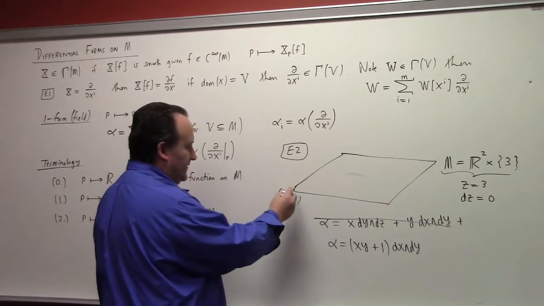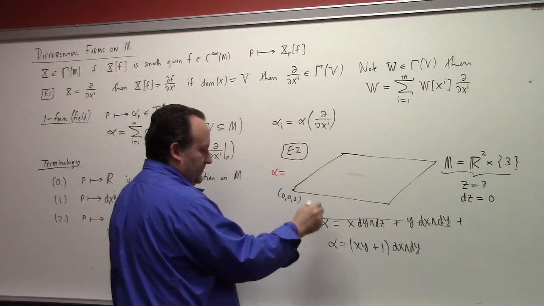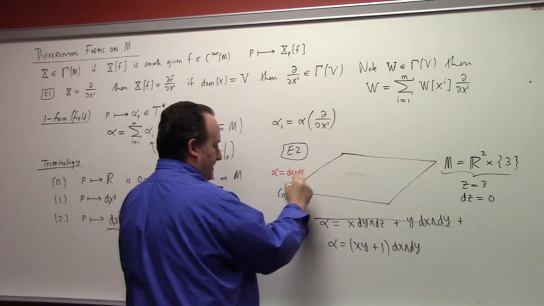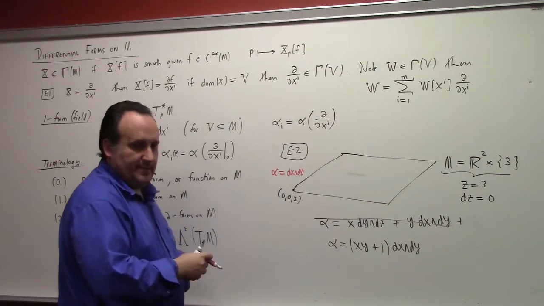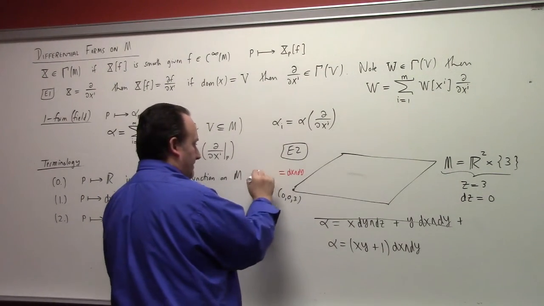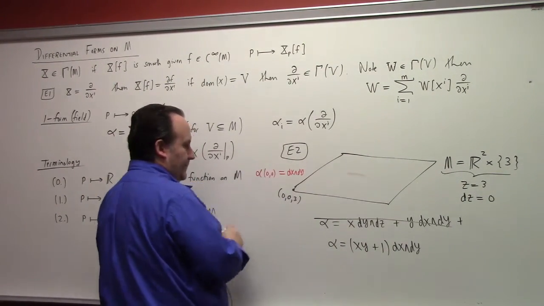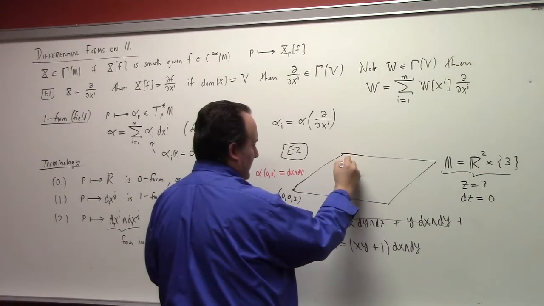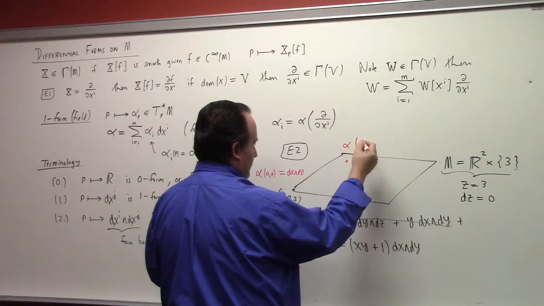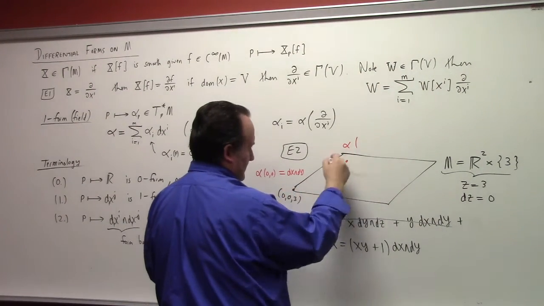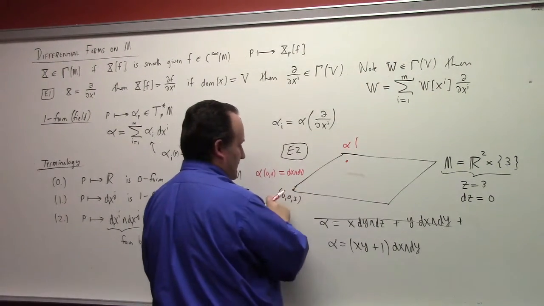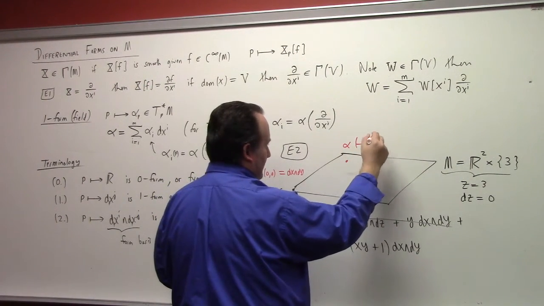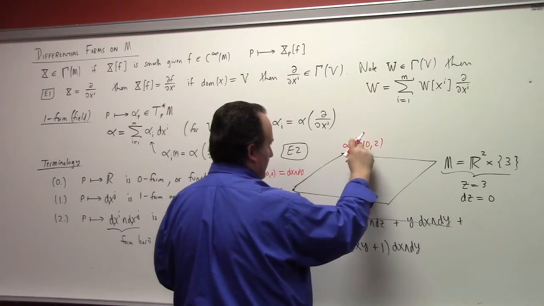See here, I'd have alpha equal to dx wedge dy. That's alpha of 0, 0. On the other hand, maybe here, if I'm drawing it that way, it's alpha of like minus 10 comma 2 or something, right?